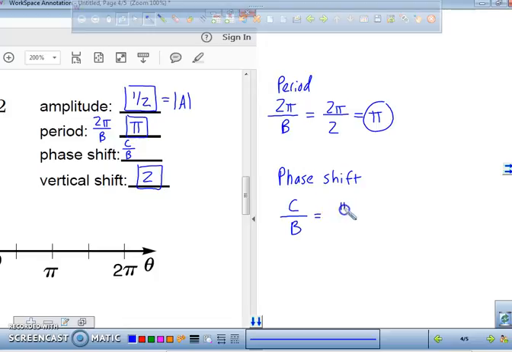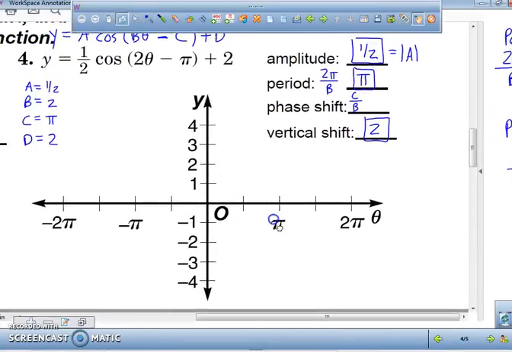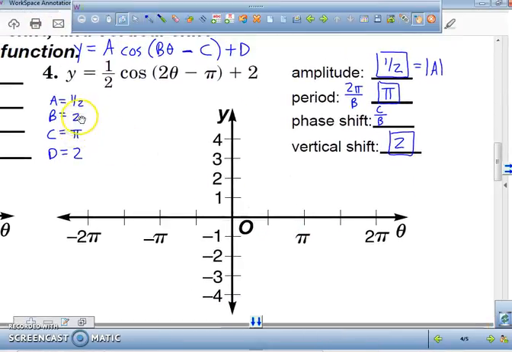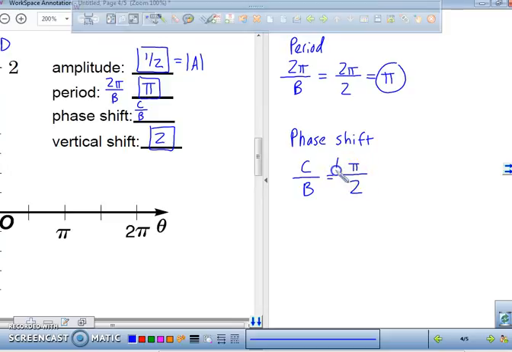Pi. Do we know the b value? That wasn't hard. Look, right here. It's the c value divided by the b value. So what is our phase shift? Pi over 2. And that's your answer for the phase shift.